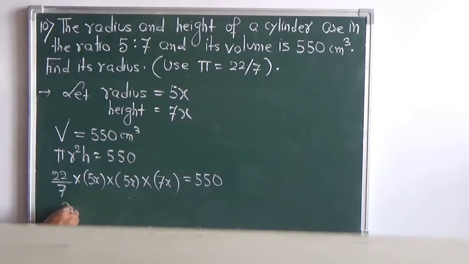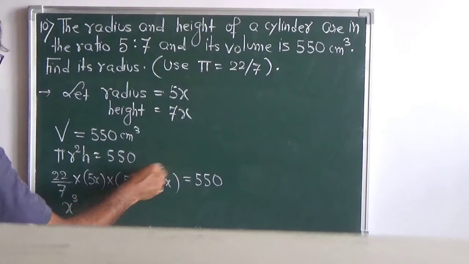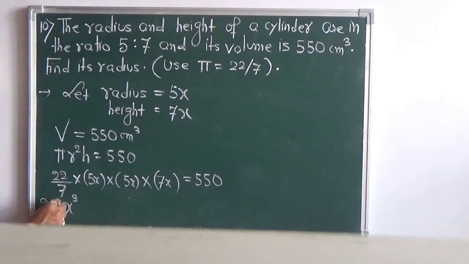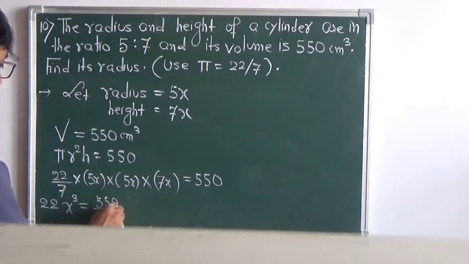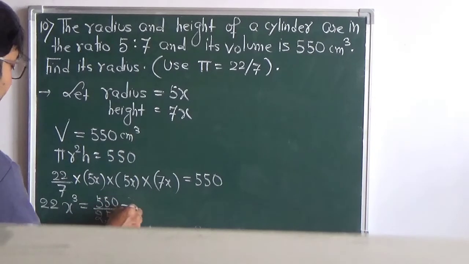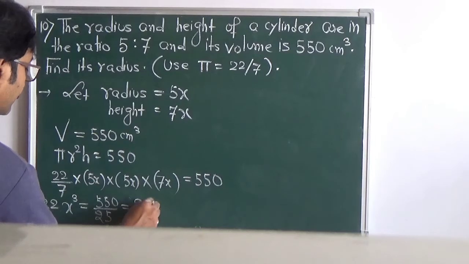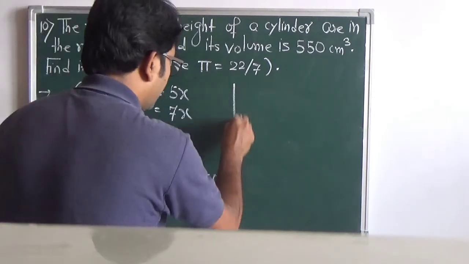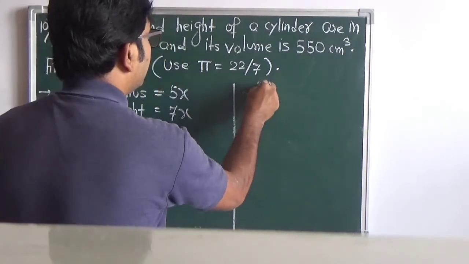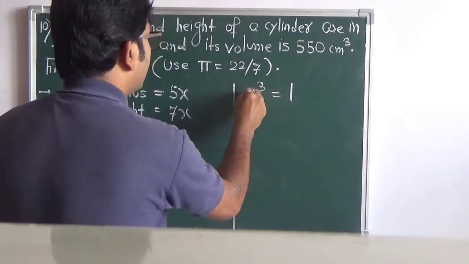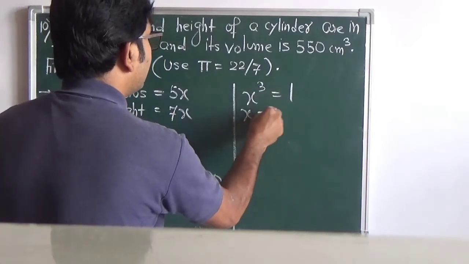So we have x cube, 22, 7 and 7 will be cancelled out. So 22x cube equals 550 divided by 25, and that is also coming to 22. So we have x cube equals 1, or we have x equals 1.